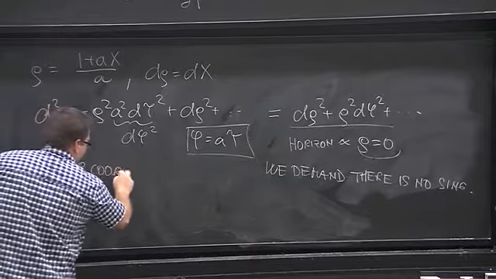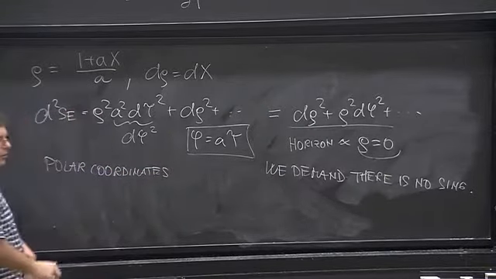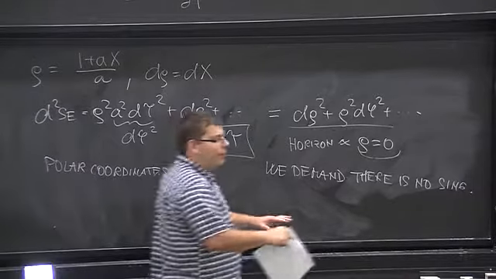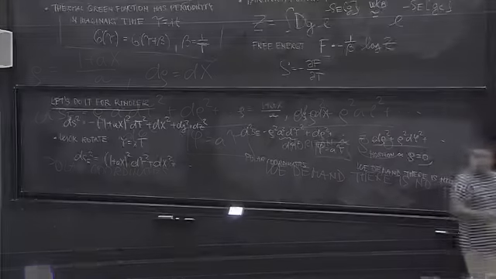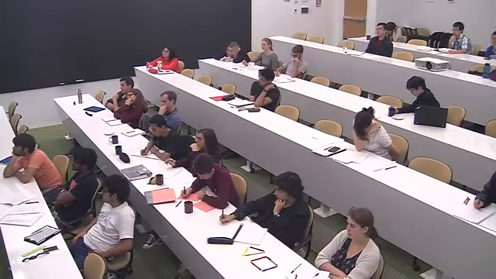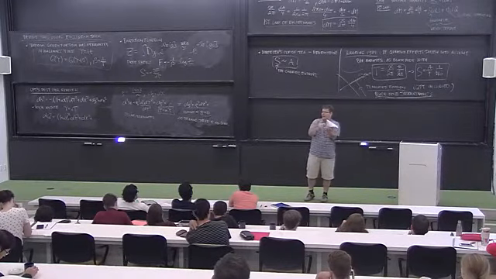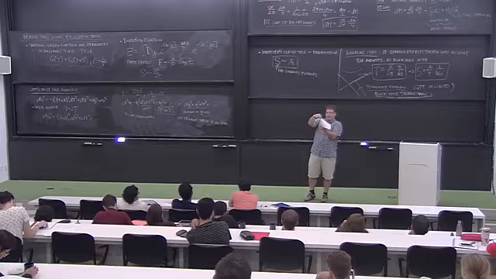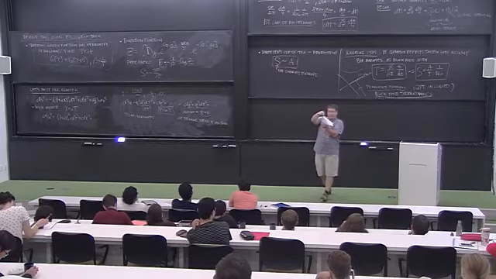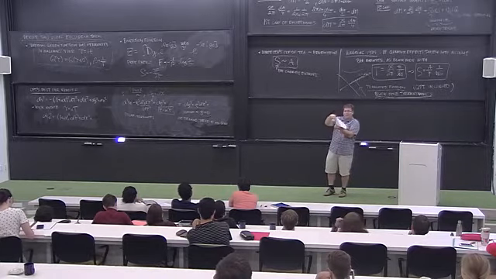Of course, polar coordinates are non-singular if I have flat space. But they may be singular: I can have a conical singularity at the origin. If my origin is here, and this is my rho, and this is my phi, I could in principle have a conical singularity here. To avoid the conical singularity, I have to make sure that the angle goes from 0 to 2 pi. It's like with the string yesterday.